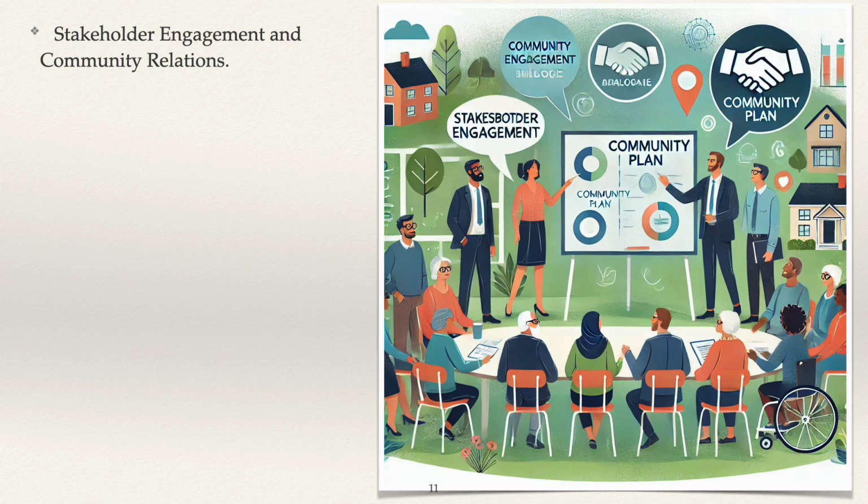B. Addressing community concerns. Community members may raise concerns about noise, traffic, visual impact, or environmental effects. The contractor should address these concerns proactively, providing solutions and mitigation measures to reduce community impact.